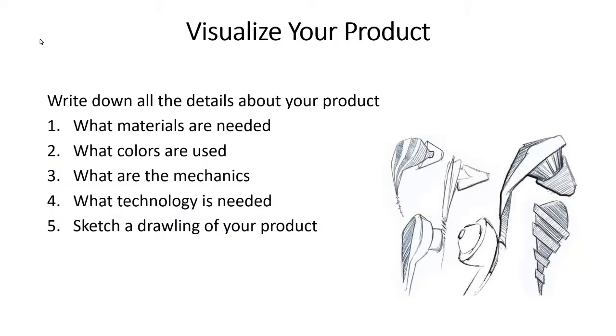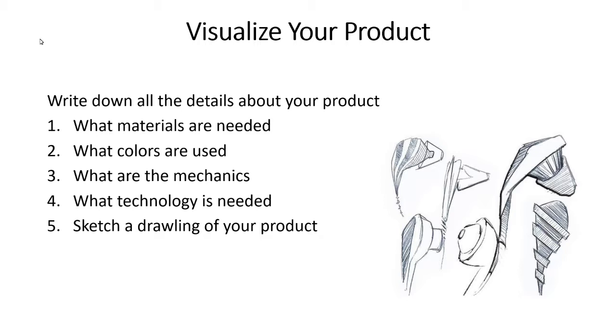The first step in prototyping is visualizing your product. So you're going to want to write down all the details about your product. You're going to want to write down the materials that you think it's going to need, what colors you want to use, what are the mechanics of your product. Does it have any moving parts, and how they move, how they function.